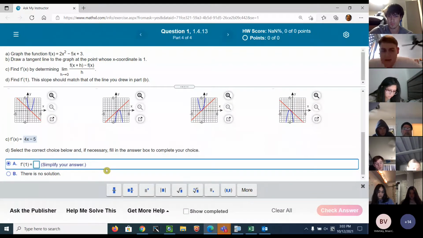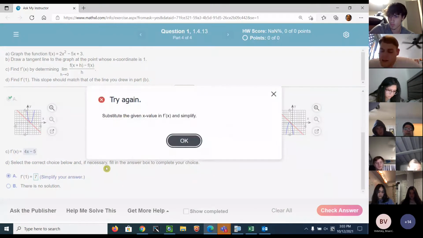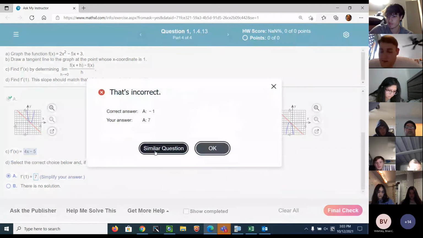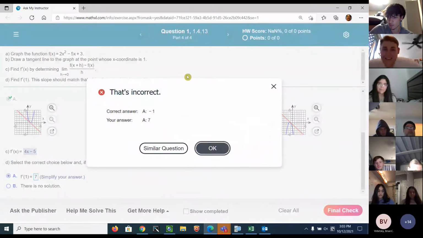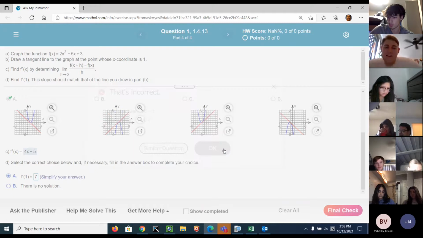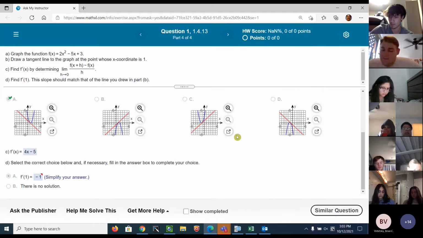Yes. Okay. Negative 1. 12 minus 5 is 7, though. No, 4 times 1 is 4 minus 5 is negative 1. I can't add. I'm sorry. I don't know why I got 12.